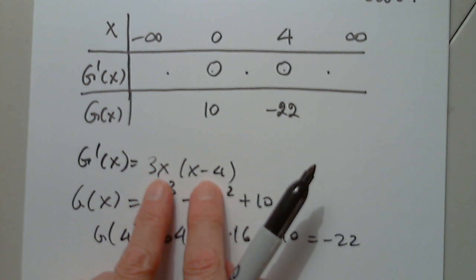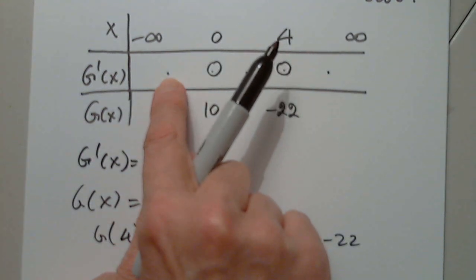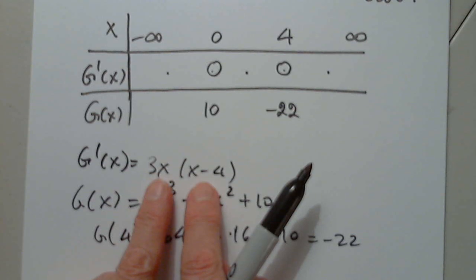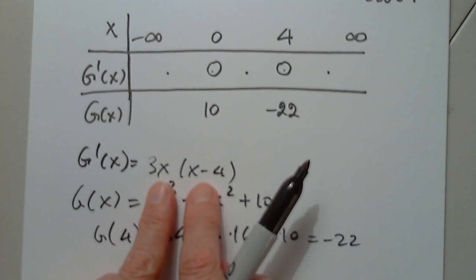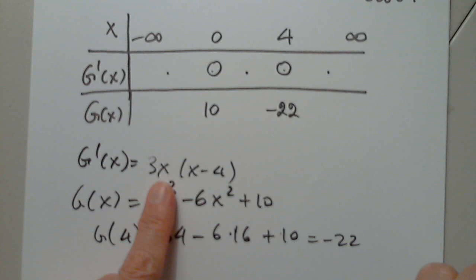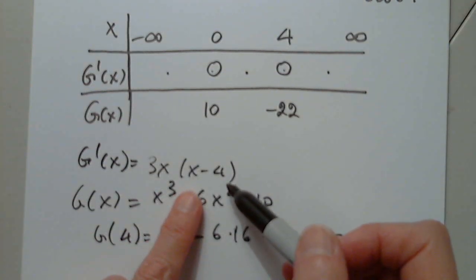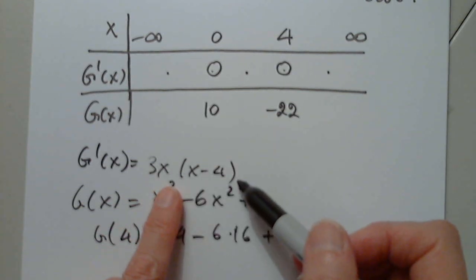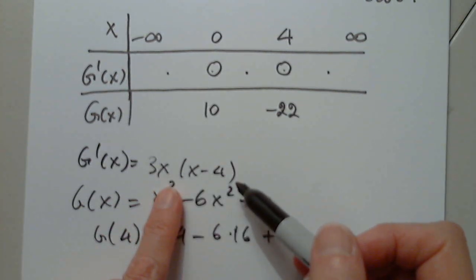I'll put the sign here. Negative 5 times negative 3 will give us what sign?